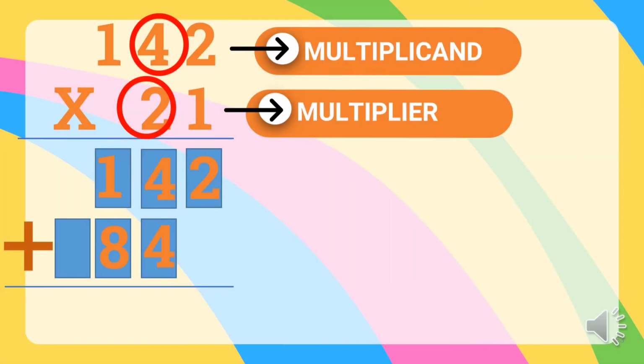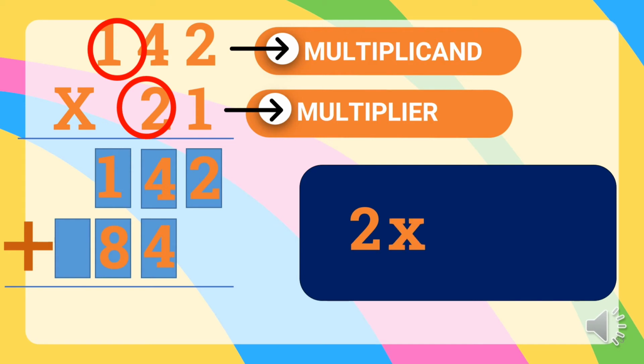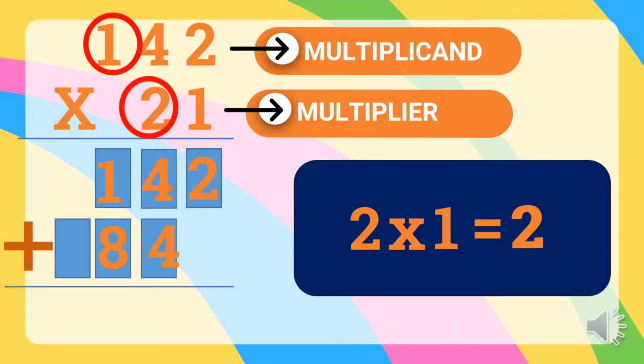Next, let's multiply 2 by 1. So 2 times 1 is equal to 2. Therefore, 142 times 2 is equal to 284. So we have now the second partial product, which is 284.